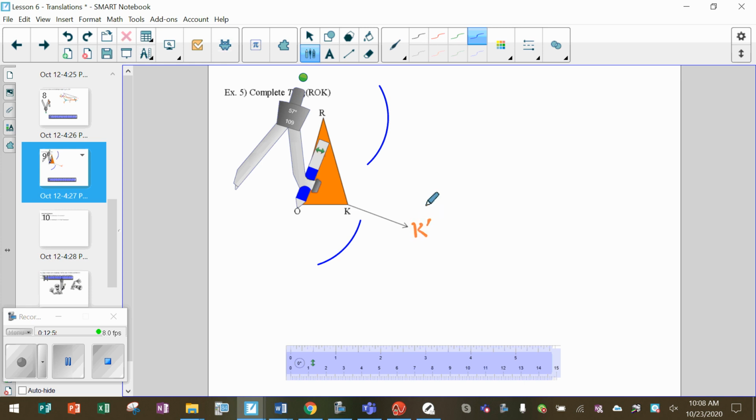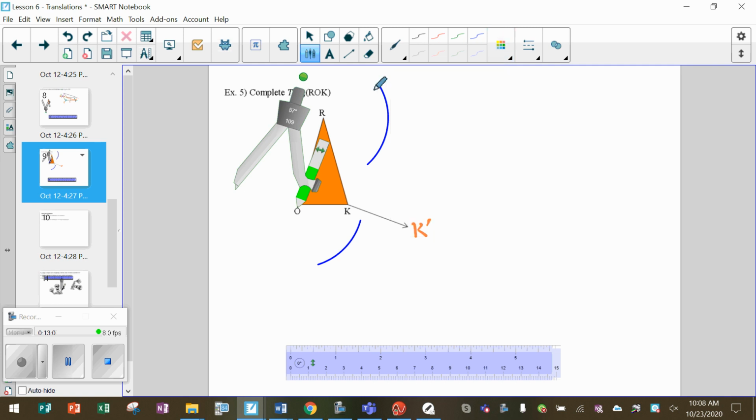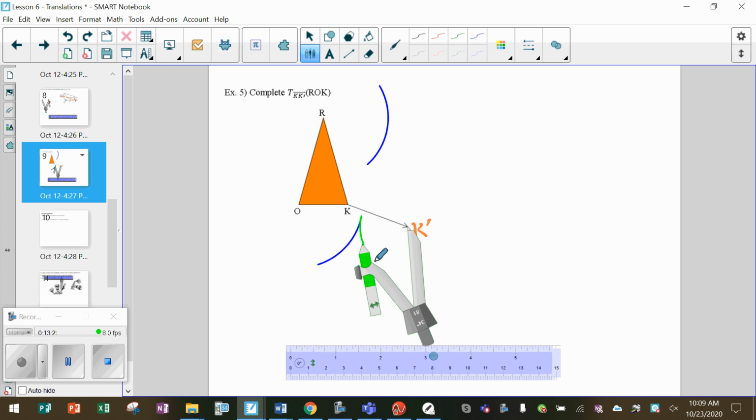That I already know. So for my construction purposes, I'm going to measure from K, the beginning of my vector, to point O, and then I will mark the distance, measure from one end of the vector, mark it from the other end of the vector, and then I can figure out where O prime will be.